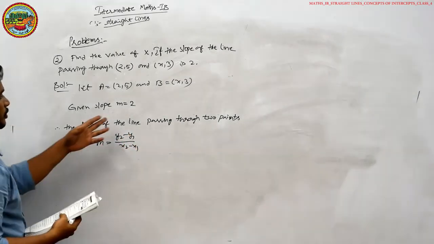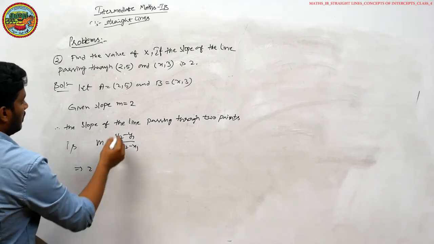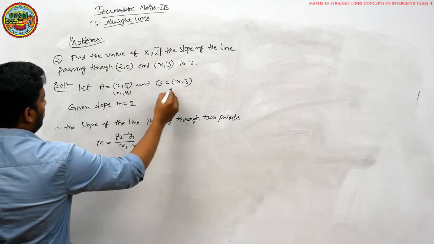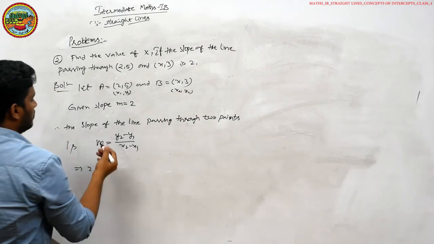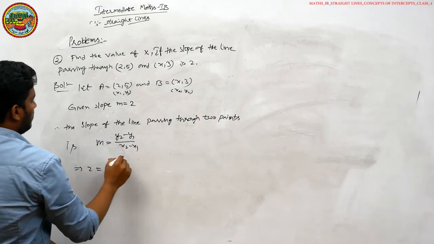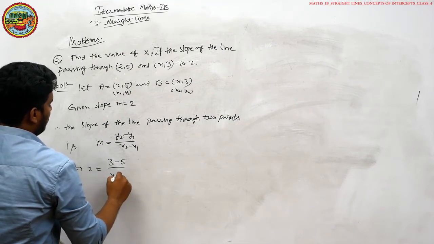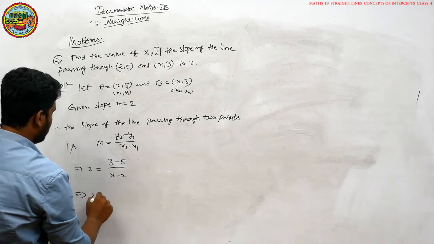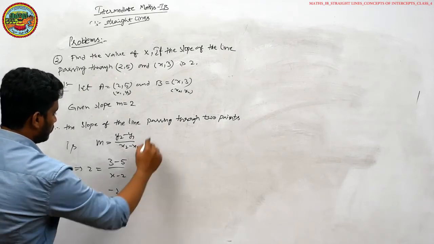So we have the slope 2, which implies 2 = ... here this is (x1, y1) and the B point taken as (x2, y2). Now substituting, (3 - 5)/(x - 2), so 2 = -2/(x - 2).